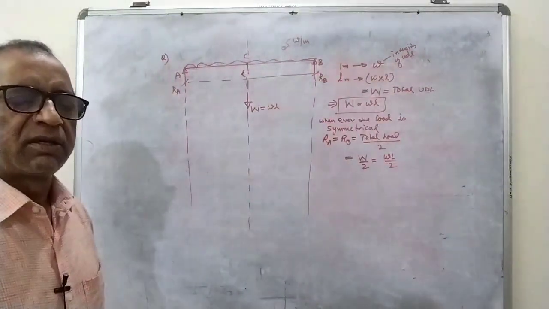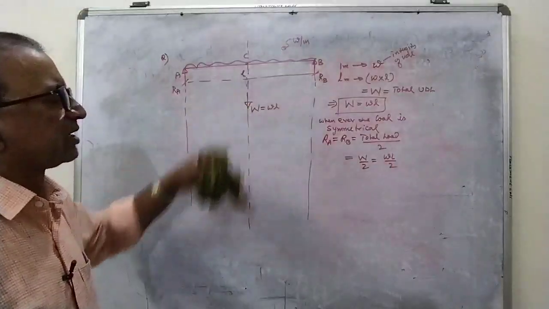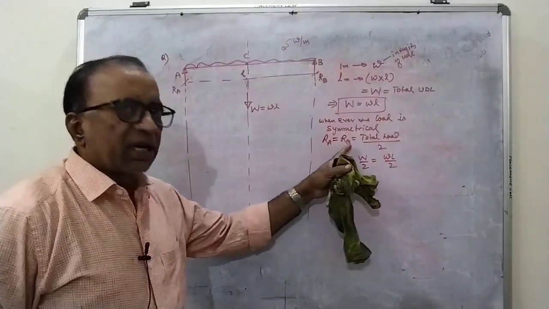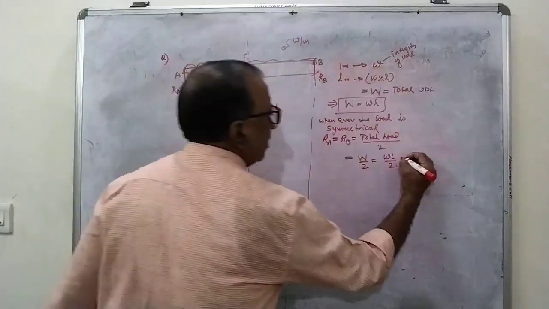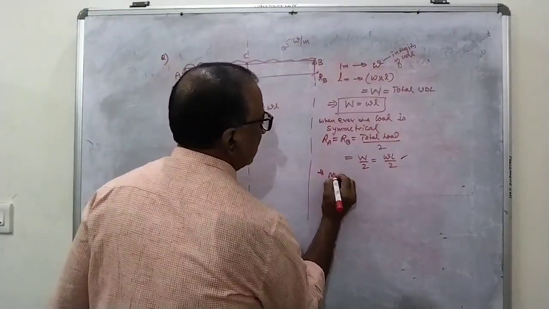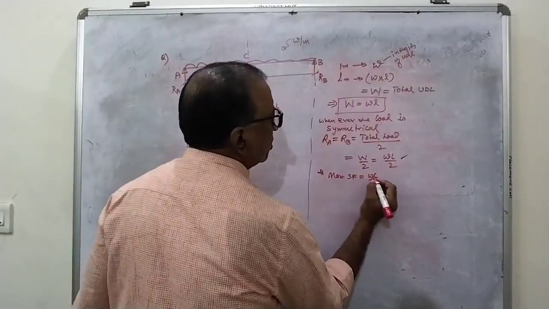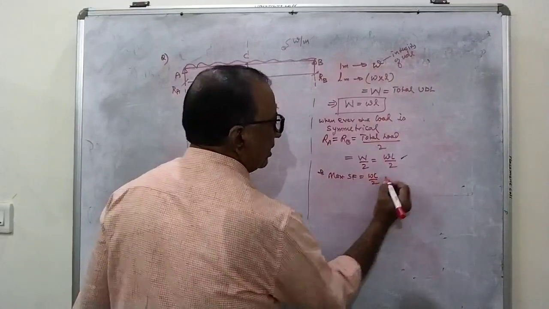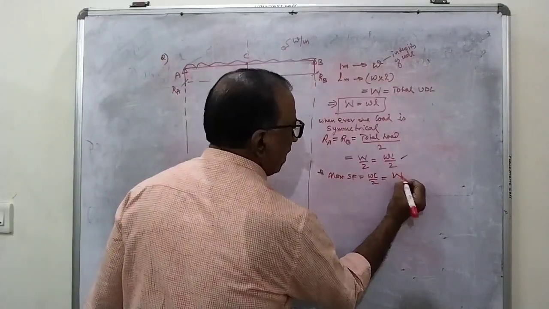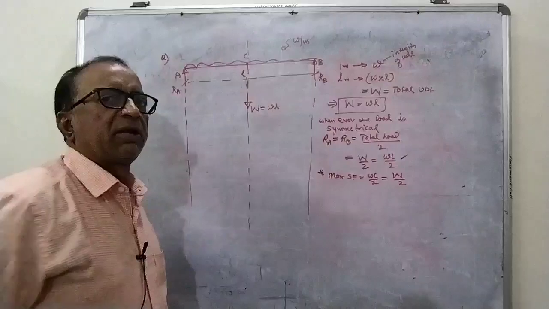So if the question is, what is the maximum shear force in this case? Your answer should be either RA or RB, which is nothing but wL by 2. So simply you can write here, maximum shear force is wL by 2 in terms of intensity, or in terms of total load, you can say it is capital W by 2.